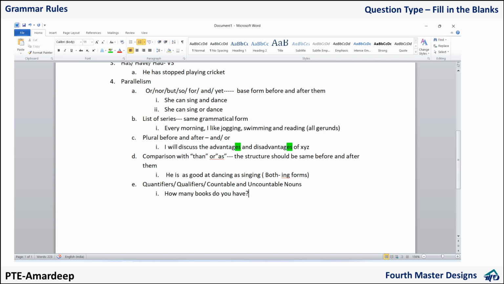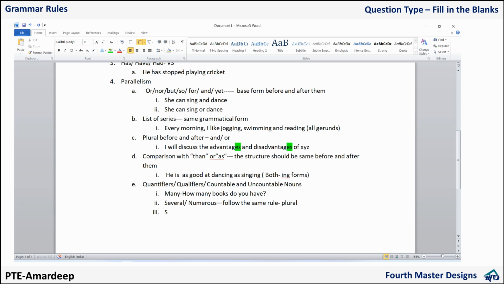First I'll write many: go with plural. In the same way, if you have several, or numerous, then you need to follow the same rule. What is that? Plural.